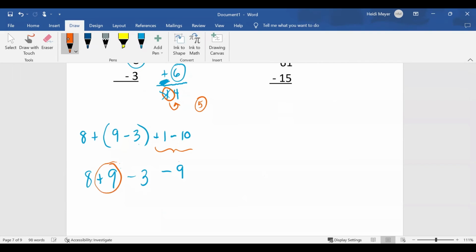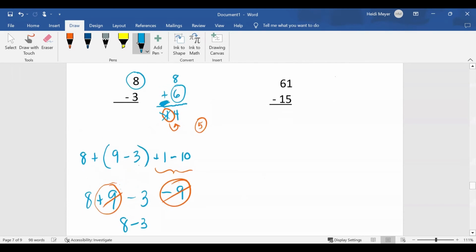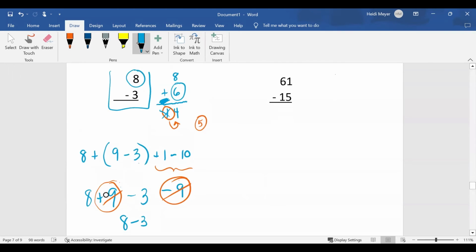So I've got a plus 9 and a minus 9, which cancels out, leaving me with 8 minus 3, which is our original problem. And we know that 8 minus 3 does, in fact, have a value of 5, which is what we got. Now, that was a little bit involved if you're not used to thinking that way. So I'm going to do another example.